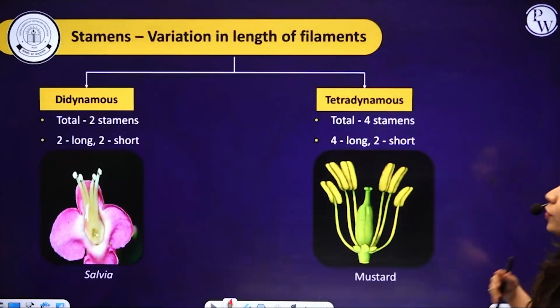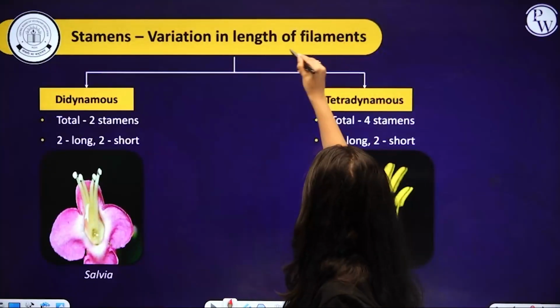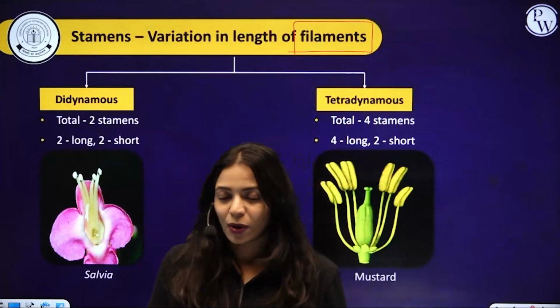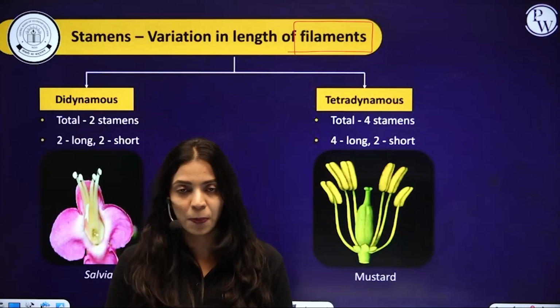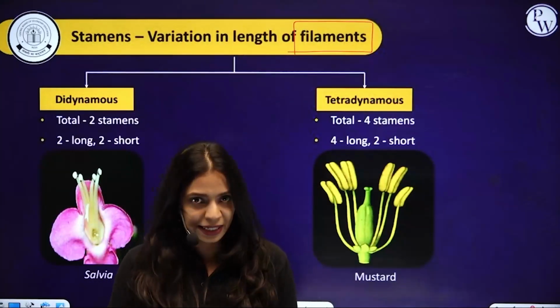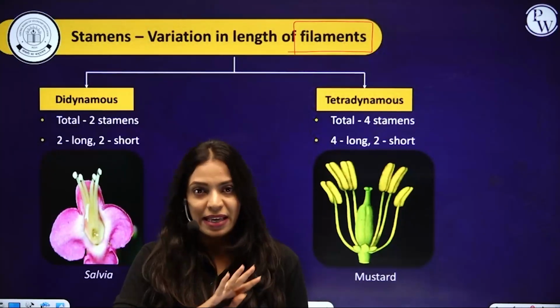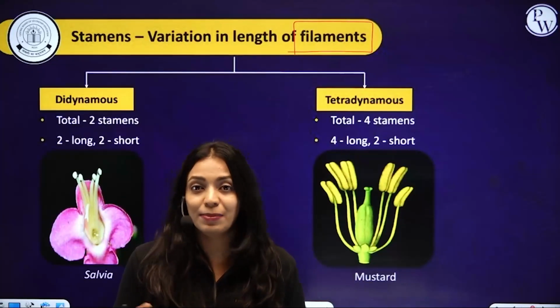Now let's talk about variations in stamen depending upon the length of the filaments. In many flowers, the length of the filaments of the stamen will be nearly equal. So all of the filaments in the androecium in a particular flower could be of similar length.